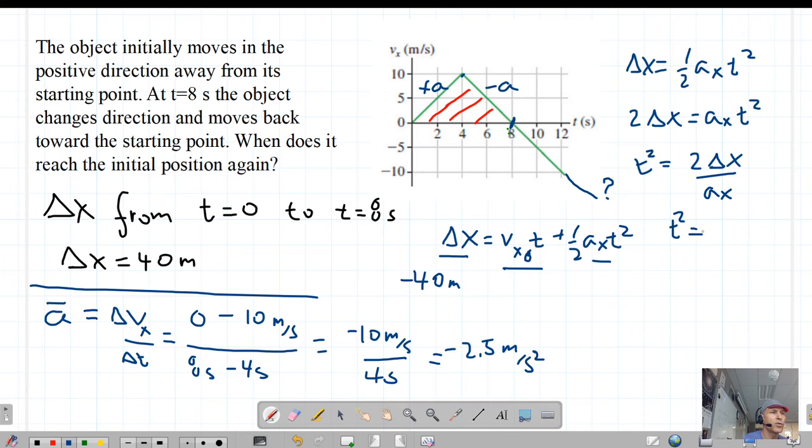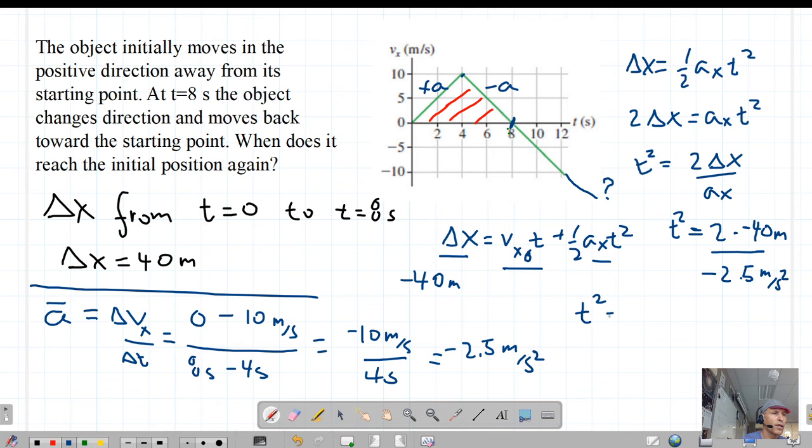So that means that t squared equals 2 times negative 40 meters over the acceleration, which is negative 2.5 meters a second squared.